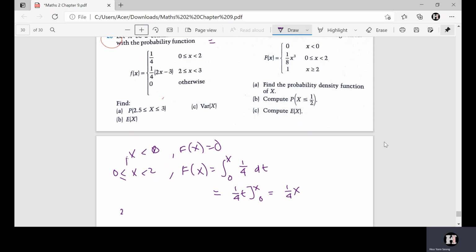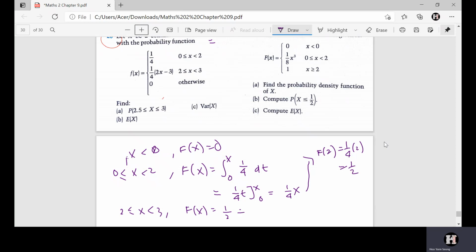And then from 2 to 3, because this one is a cumulative, this function is only for 2 to 3. How about the part before? So what you need to do is calculate F2. How does this F2 come from? The last number of this range, you substitute inside here, so 1 over 4 times 2 is 1 over 2.